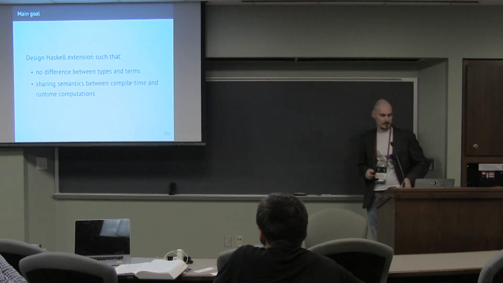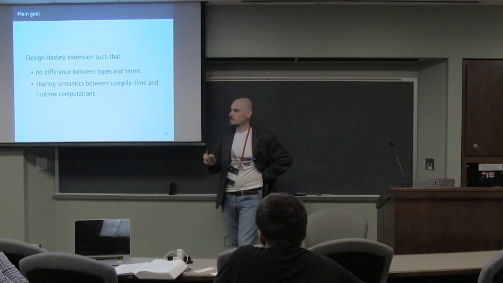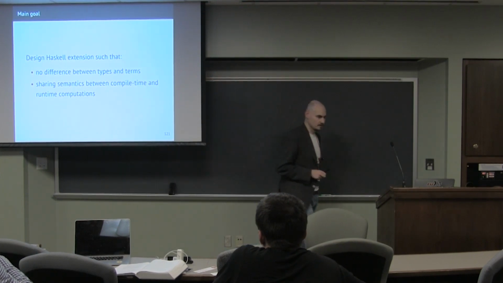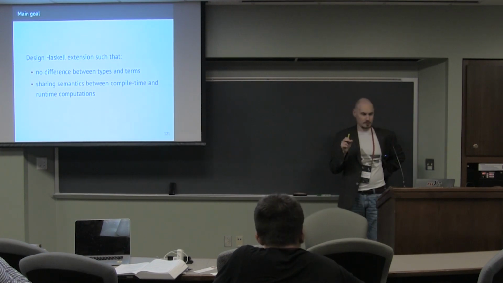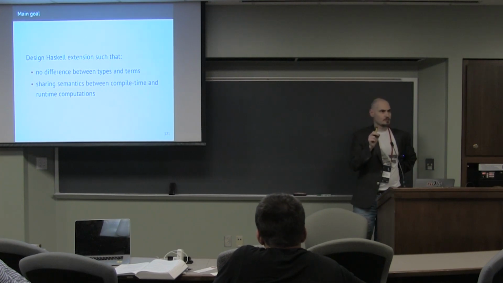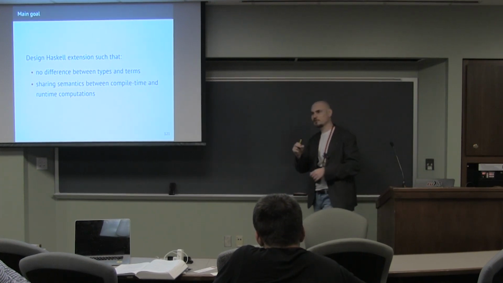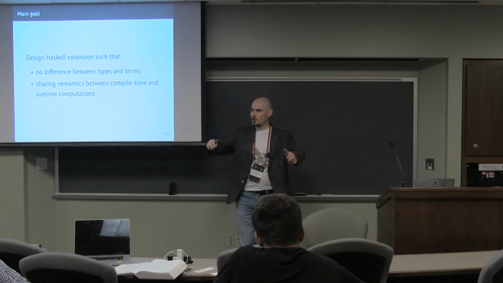What is the goal of this paper? The goal is to design an extension for Haskell which has no difference between types and terms. Remember those previous steps when they removed the difference between types and kinds. So we want to go even further.